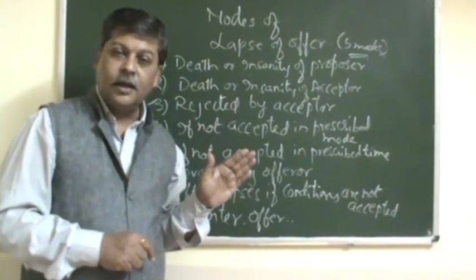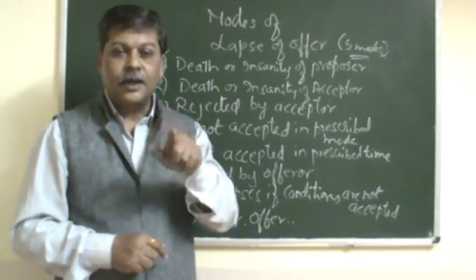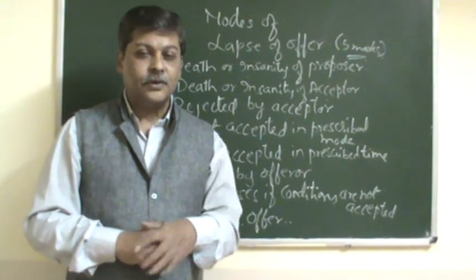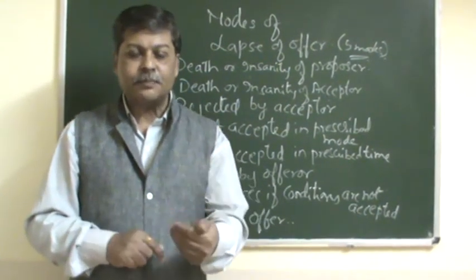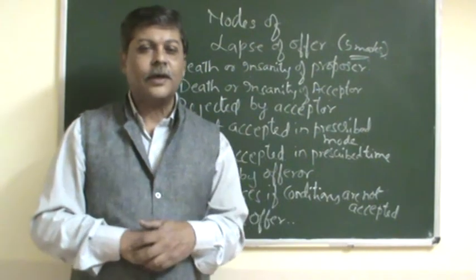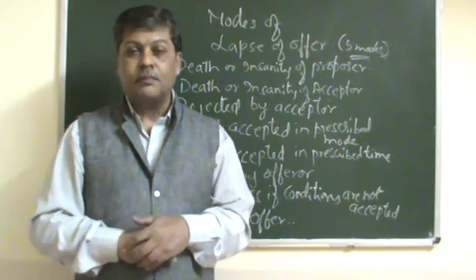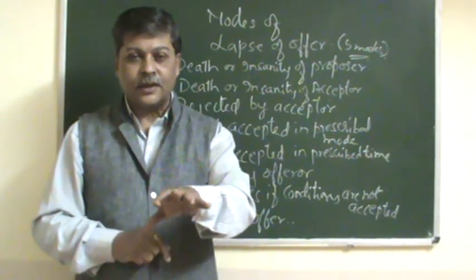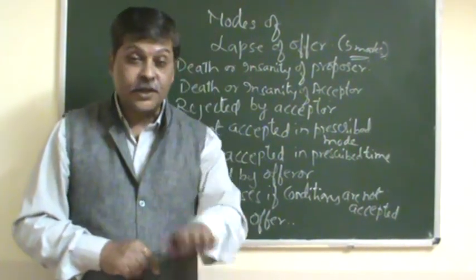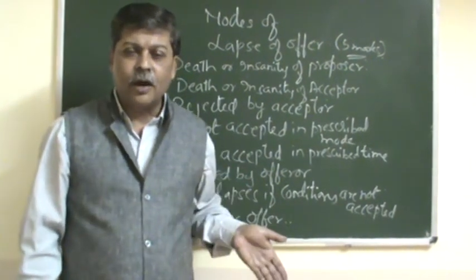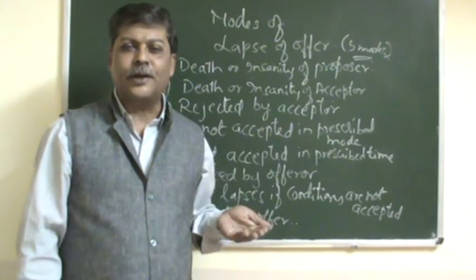Otherwise, the proposer gets the right to put an end to the offer. He can say that you have not accepted in the prescribed mode, so the offer lapses. That right arises in the proposer. If the mode is not mentioned, the usual mode applies: in the same mode in which the offer has come, you can give it.